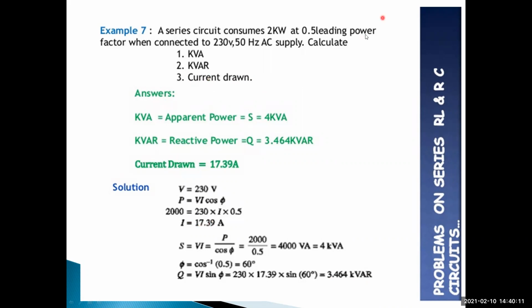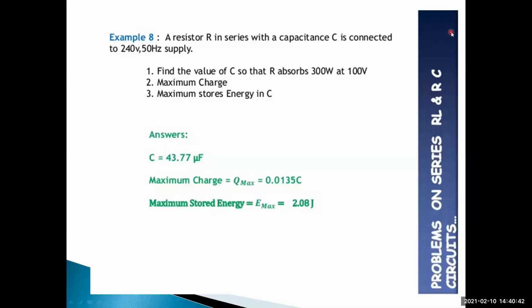This is another problem. A resistor R in series with a capacitor C is connected to a 240 volts 50 Hz supply. That is called an RC circuit. First, find the value of C so that R absorbs 300 watts at 100 volts.